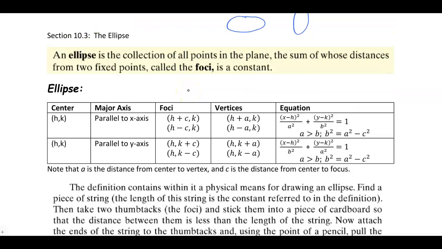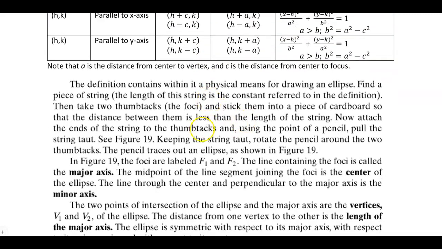So we could actually draw this out, it's kind of neat. If you were to take a piece of string and a cardboard box and put two pencils in it to hold something in place, and you were to draw with the string bounding you around, that will create an ellipse.